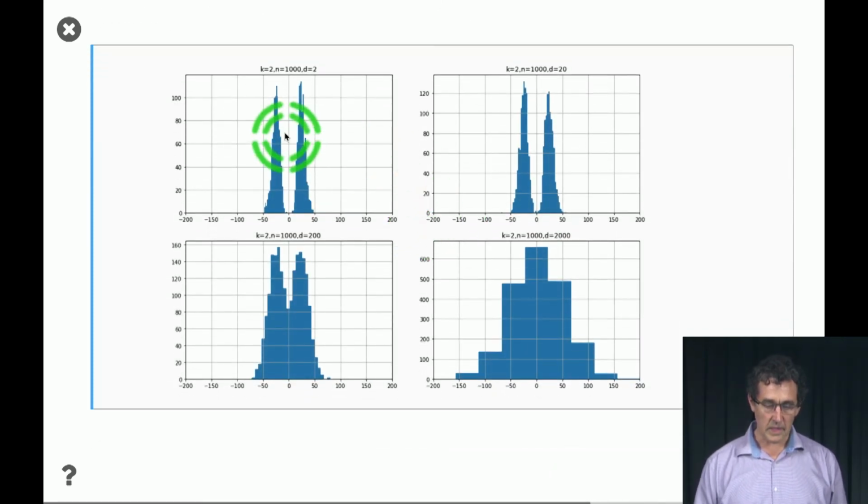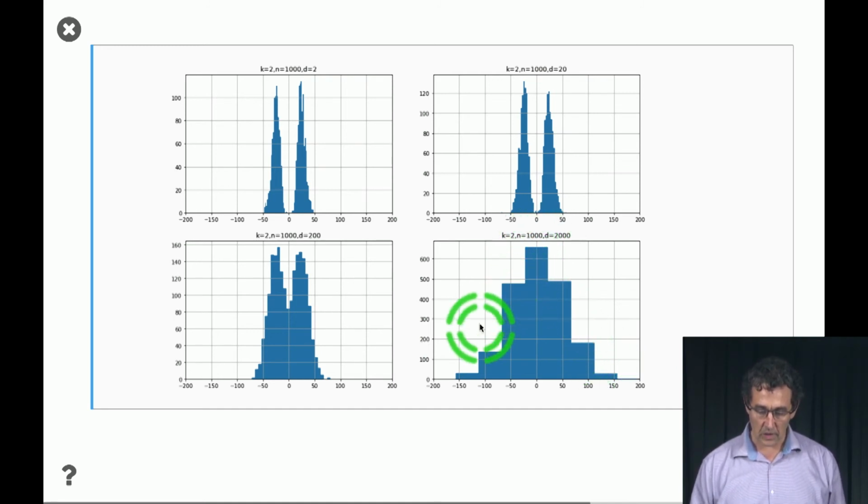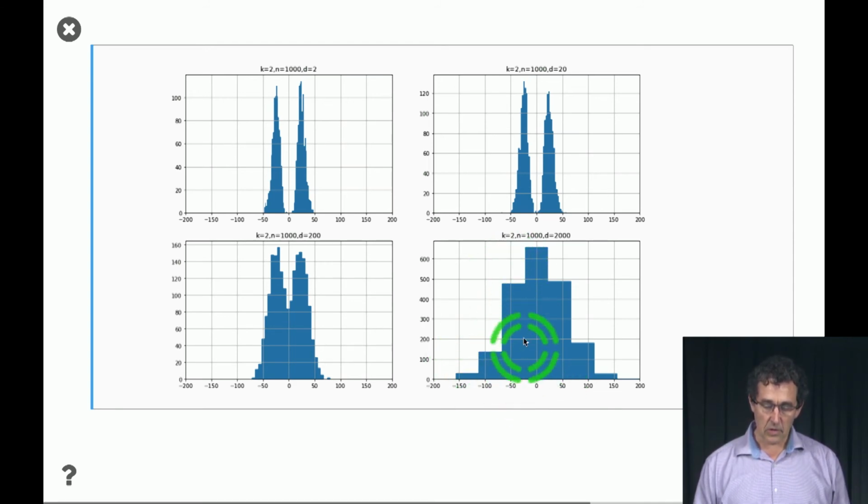So this is what we see. In 2 dimensions, we have a very nice separation. Even in 20 dimensions, we have a pretty nice separation. In 200 dimensions, the separation is starting to go away. And when we look at dimension 2000, there is really no separation. It's not that the dot product is not -25 to +25, but there are other effects from the other dimensions which cause the majority of the effect.